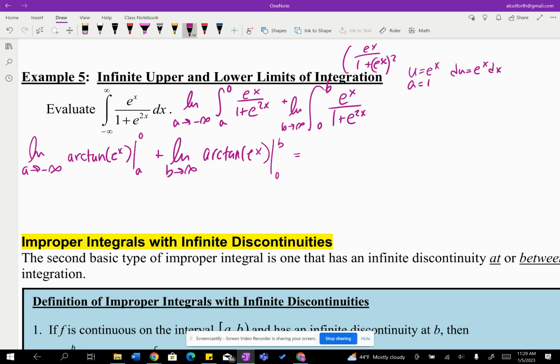So now we're going to plug in our values here. So we're going to plug in 0. Plug in a and subtract. Plug in b.